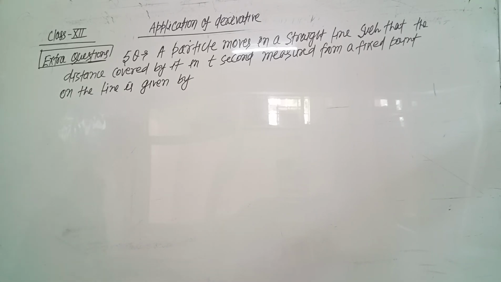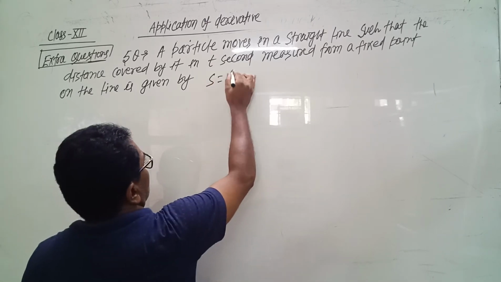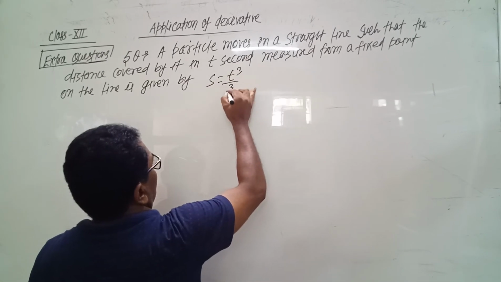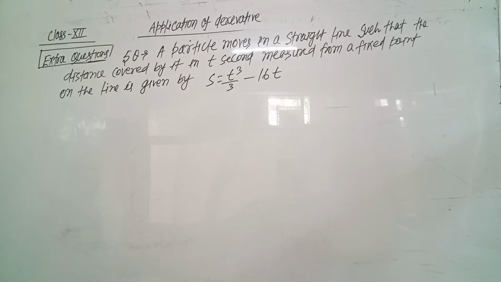S equals t cubed by 3 minus 16t. This is the relation between distance covered and time taken, and its unit is centimeter.